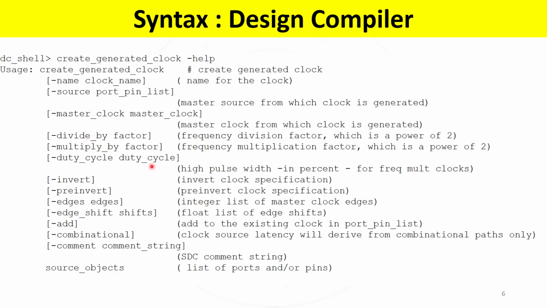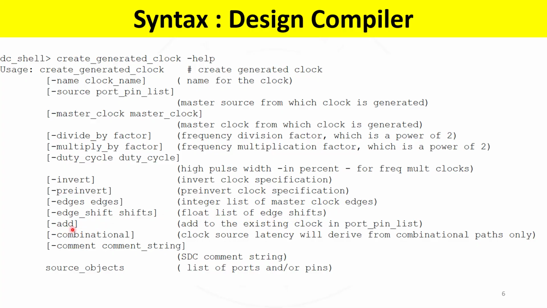Next, -duty_cycle. We already know duty cycle means the time period for which the signal is high divided by total time period. And -invert is used to invert the clock specifications. Next one is -pre_invert, this is the pre-invert clock specification. Next, -edges. In the previous slide, I have shown you how to write for edges. Next, followed by -edge_shift, that is a floating list of edge shifts. Next, -add.